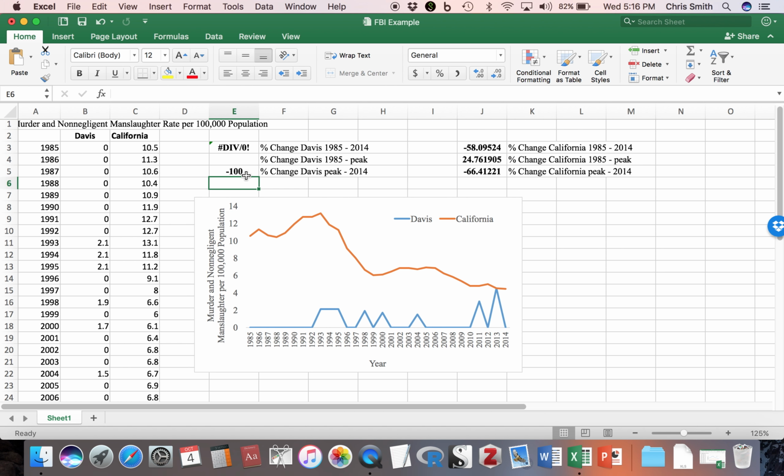The math is going to say that we have a 100% decrease from here to here. This is the highest, this is the most recent, and the math is saying 100%. That's what's going to happen when you have this many zeros in your data.